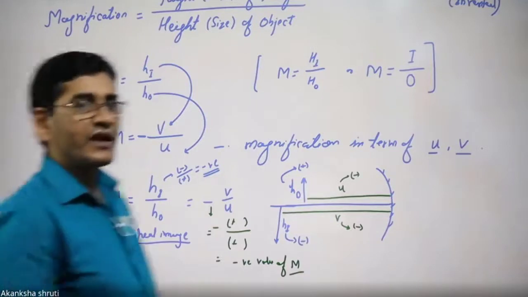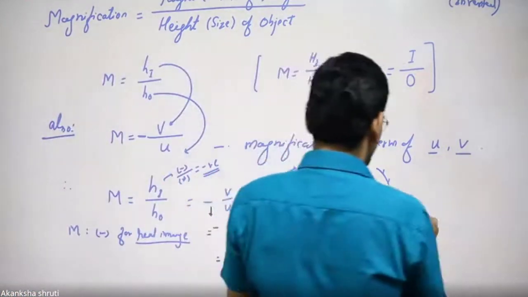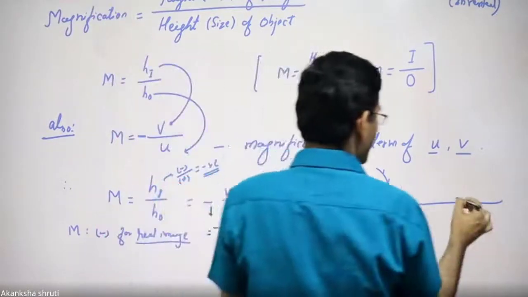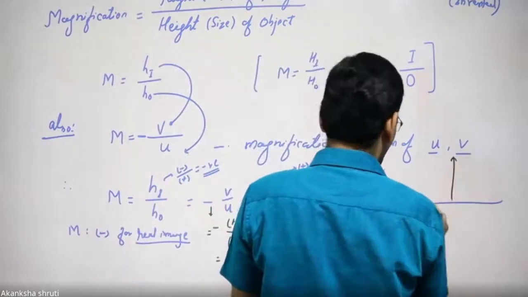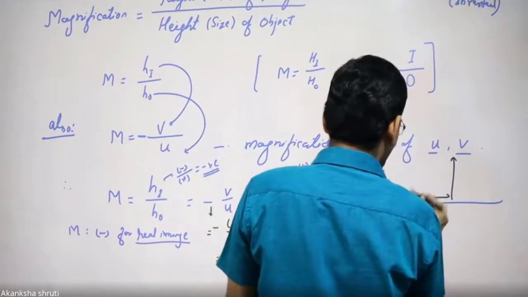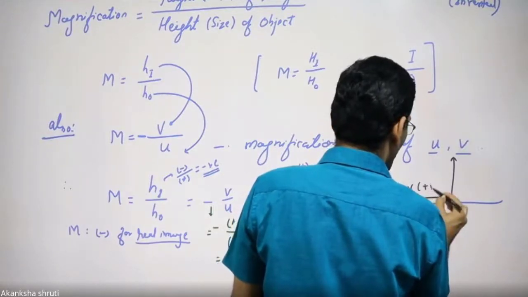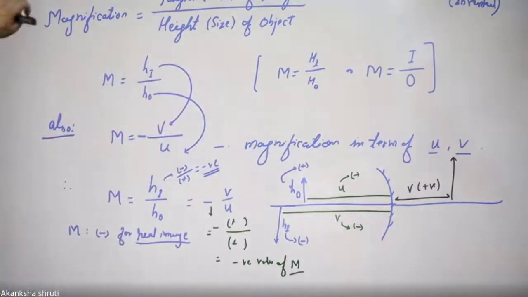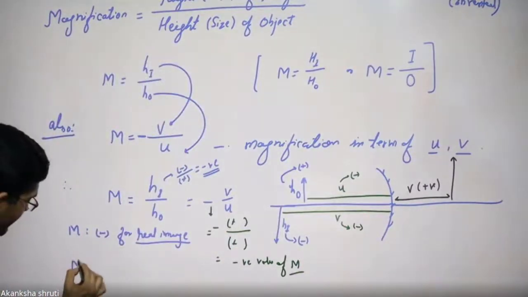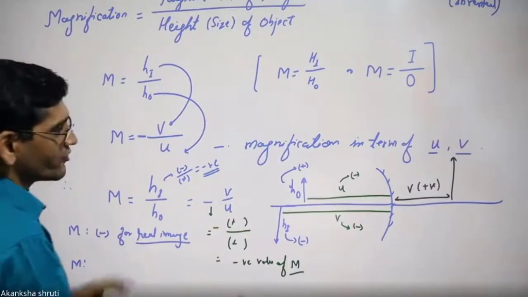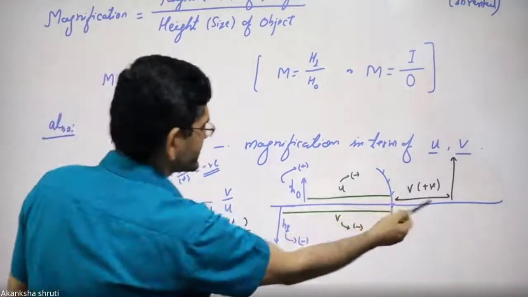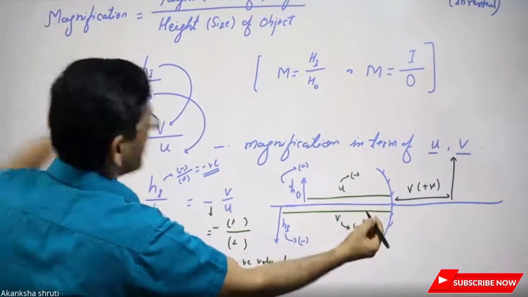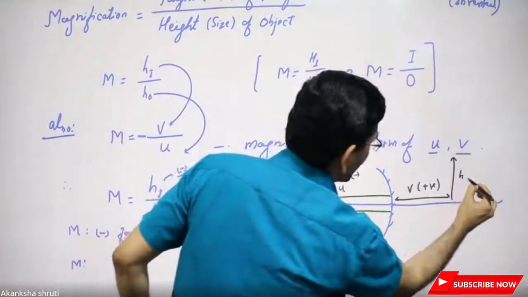Students, coming to the virtual image, a very interesting thing. If we are considering the virtual image, our image is going to form here. In this case, V becomes positive. Now, how will be the sign of M? For the virtual image, again you may consider either the height of the image, HI.